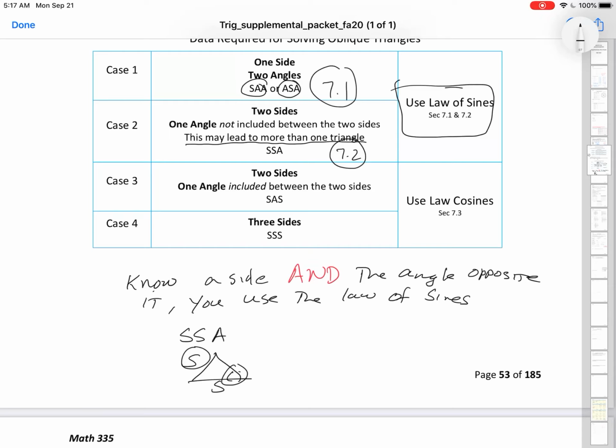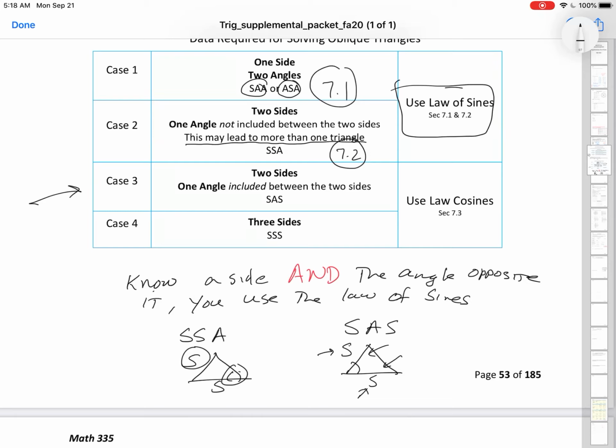But if you look at the other one, case 3, it's side, angle, side. There's going to be no way for us to know what either of these angles are, right? Here's a given side right here, but I don't know the angle opposite.